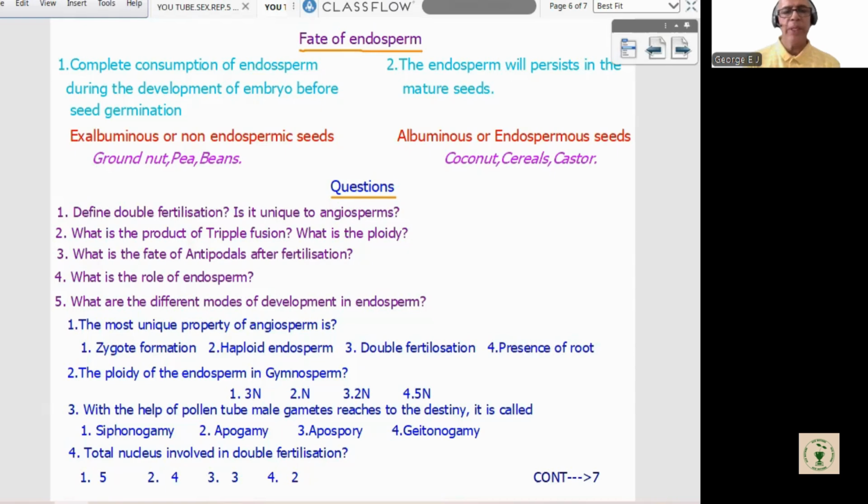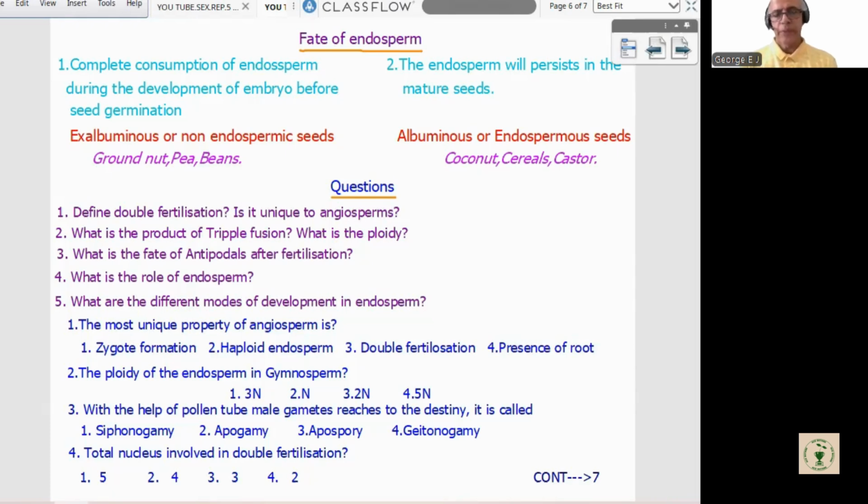So endosperm will be completely consumed, and such seeds are called ex-albuminous or non-endospermic seeds. It is popular among dicots.